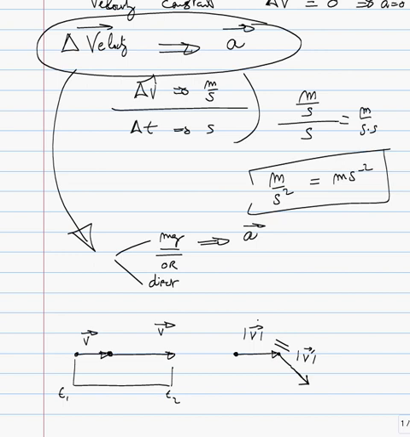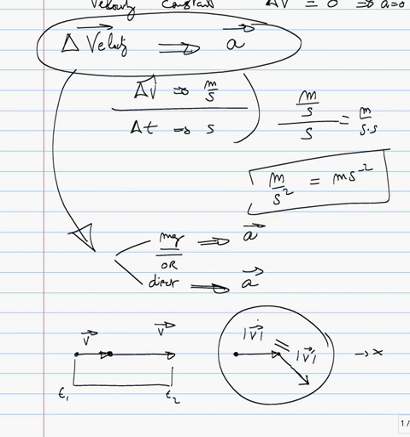The only difference between those two vectors is the direction. This one is towards the x. This one has a particular angle. So in this particular case, we haven't changed the magnitude, but we have changed the direction. For this to occur, there must be an acceleration present. So an acceleration is non-zero if either the magnitude or the direction or both are being altered. Keep this in mind because this case will come back to us in circular motion.